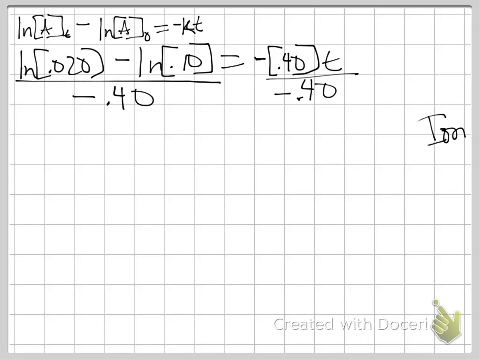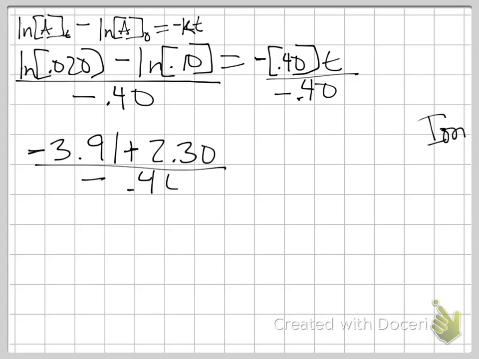Now, moving down a little bit, we're going to end up with negative 3.91 plus 2.30, divided by negative 0.40, equals t.